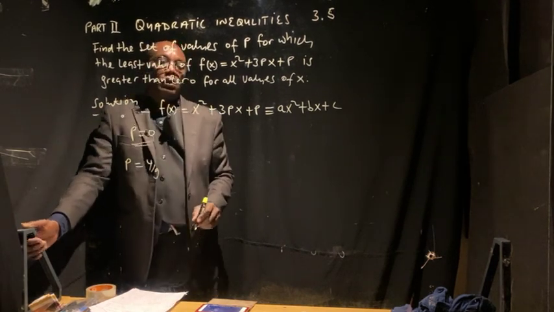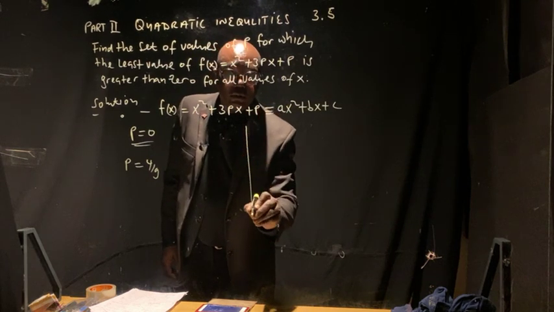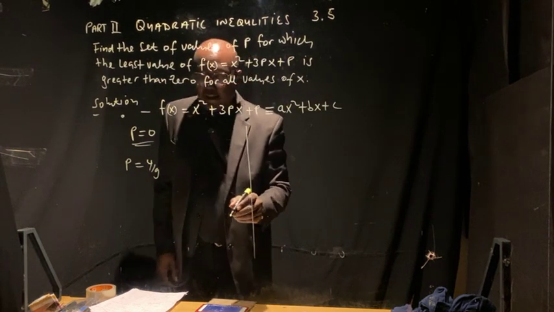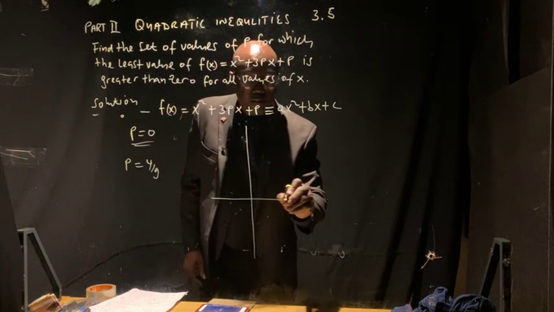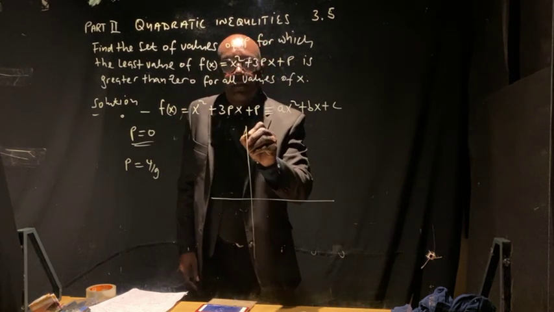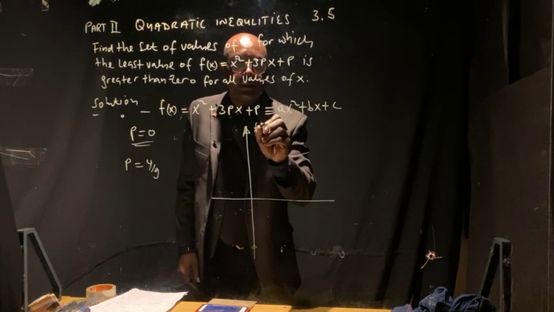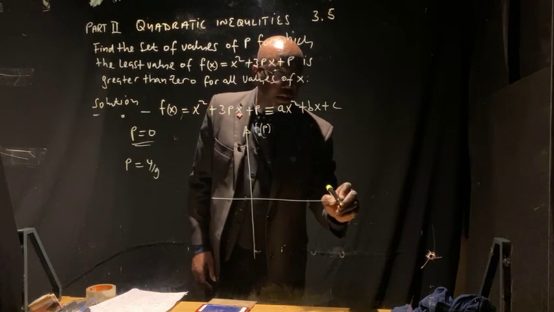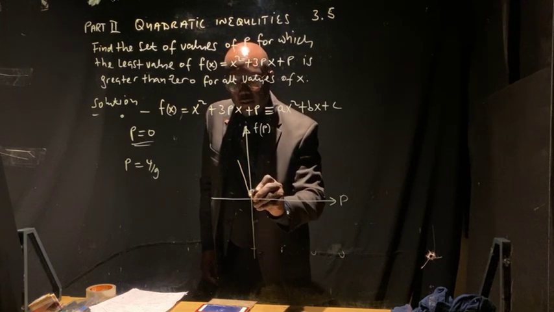Good. This should be the graph. And the inequality, this is the f of p axis. This is the p axis. So the graph will look like this.